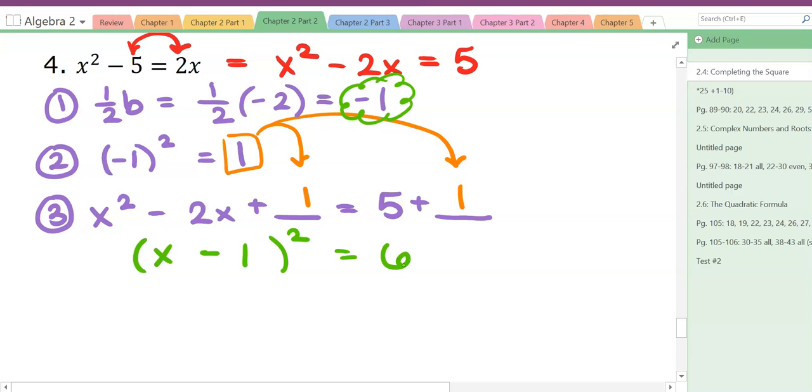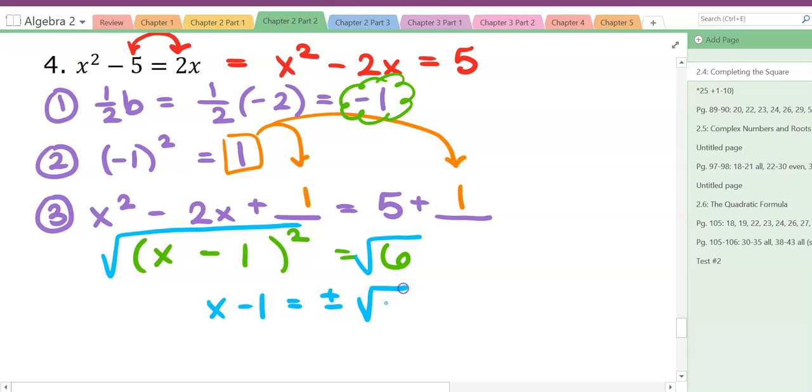What would you guys do next here? Square root both sides. So then we have x minus 1 on the left side equals plus or minus the square root of 6. Are you going to be able to do anything with that 6 underneath the radical? Good. Some of you are shaking your heads no. No, you can't. 4 doesn't go into 6. 9 would be too big.